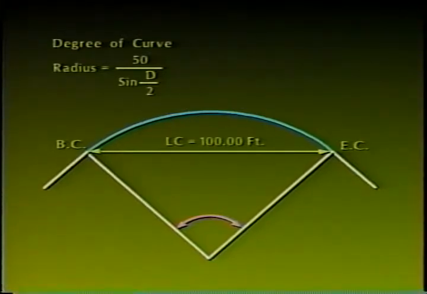It is defined as D, or degree of curve, by chord definition. Degree of curve by chord definition is converted to radius distance by using the formula shown in the graphic now on screen. Radius equals 50 divided by the sine of 1/2 the degree of curve. D is always expressed in degrees and decimals of degrees for this formula.